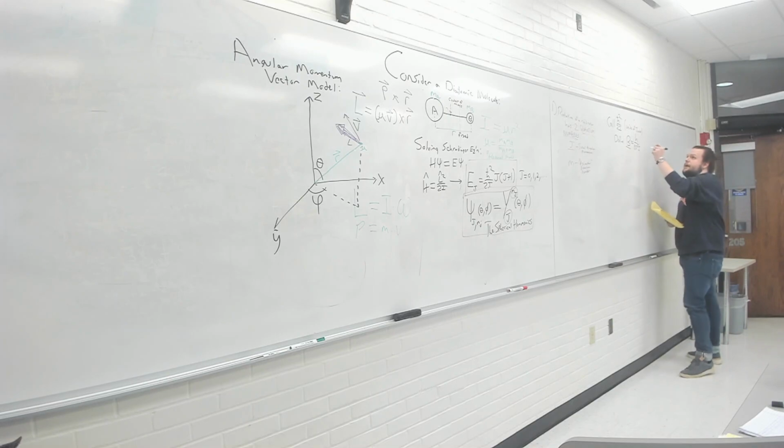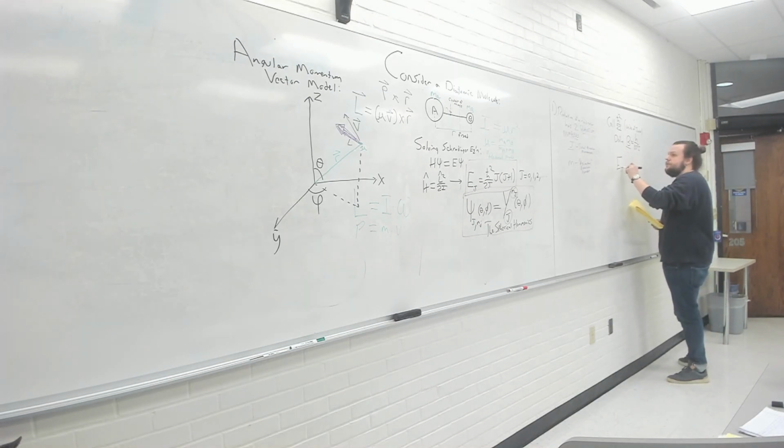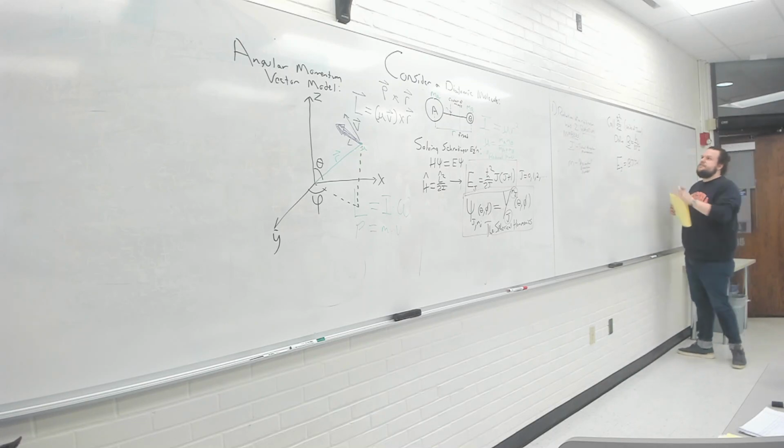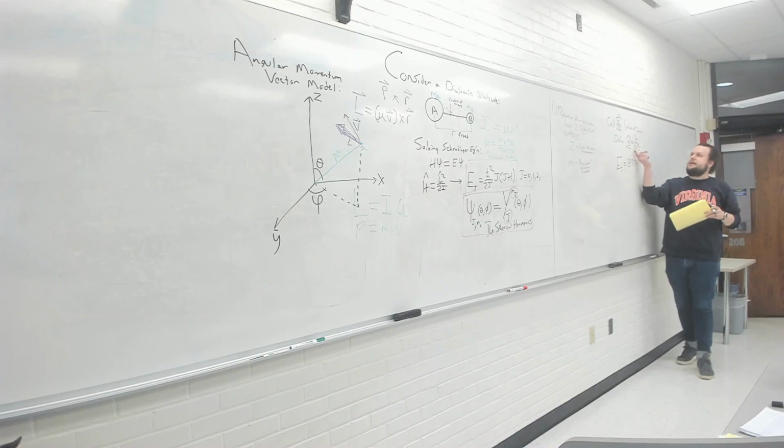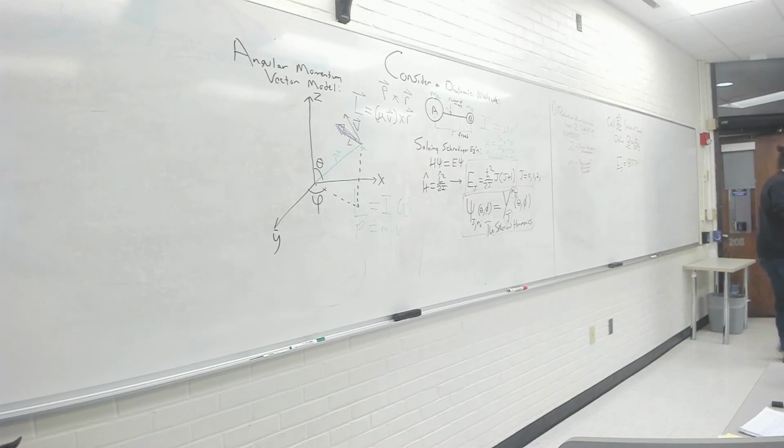And what you get now is that the energy of a rotational state is B J (J plus 1). I've renamed it, and I've changed the units into frequency.